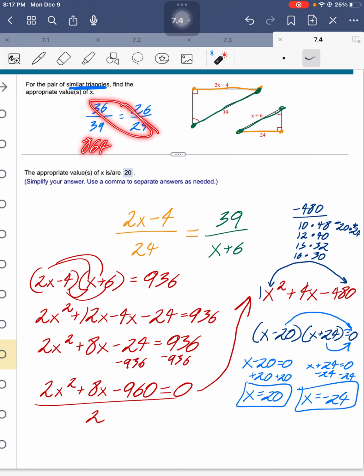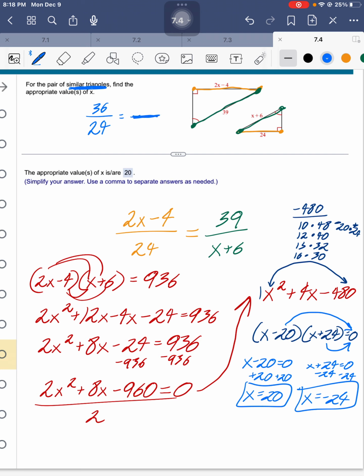So 36 times 24 is 864 for these two guys. And now, what is 39 times 26? Wait, I'm doing something wrong. Oh, I'm setting them to the wrong thing.